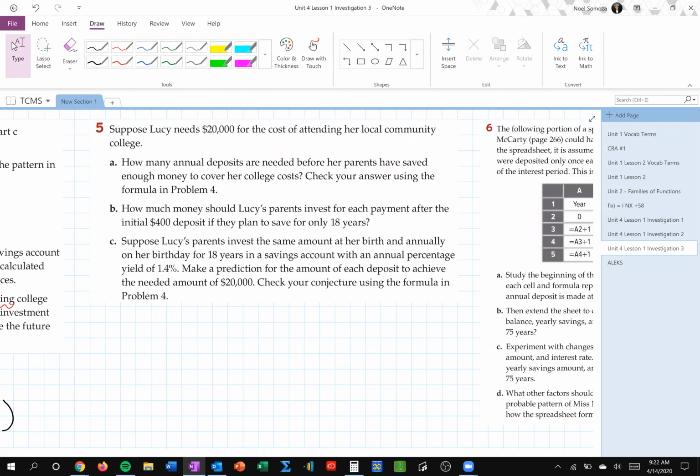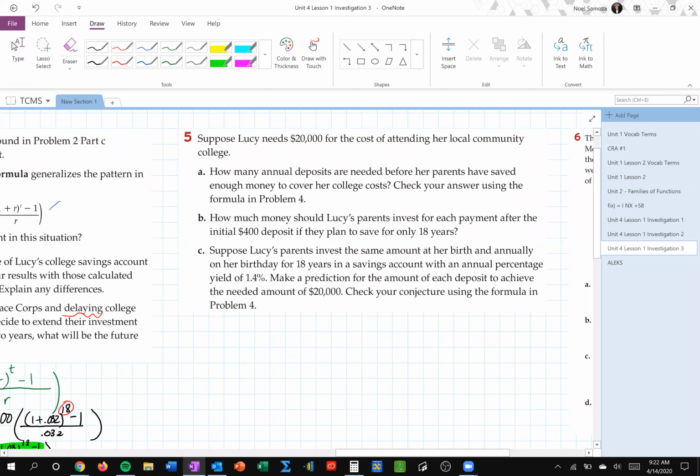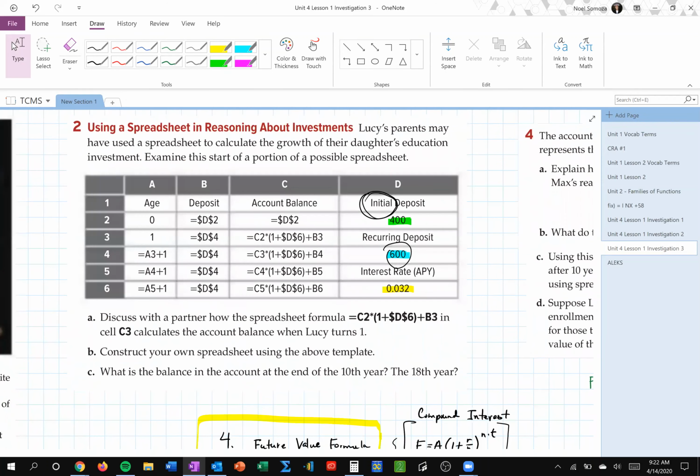Okay, so we have a hint there, right? Obviously, Lucy is the same girl from problem 4 and the same girl from problem 2. So we're just reutilizing all of this information over and over. Going back to number 5, the key thing is that now we have a goal, right? This is what she needs.